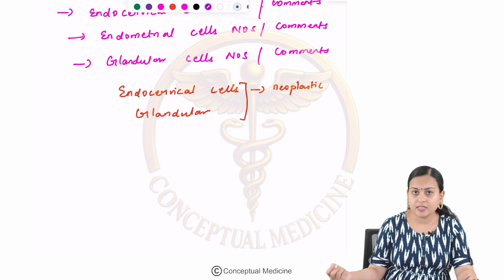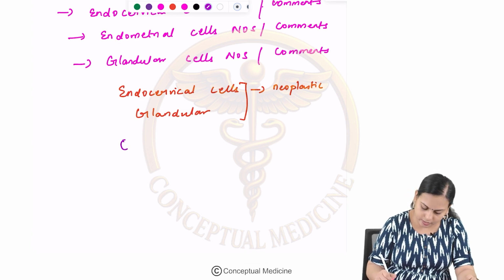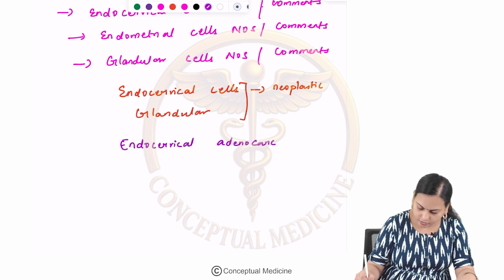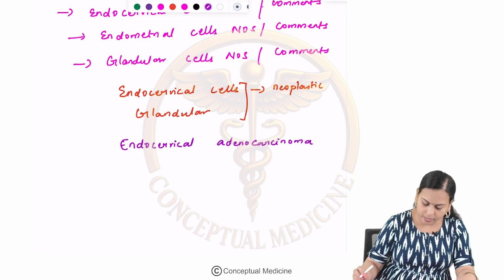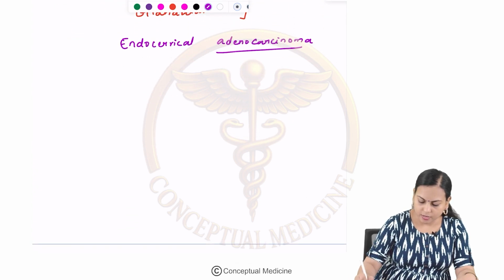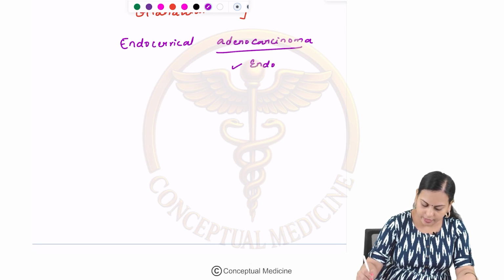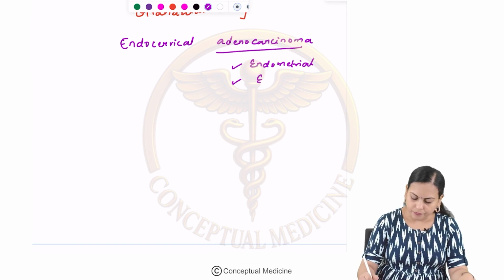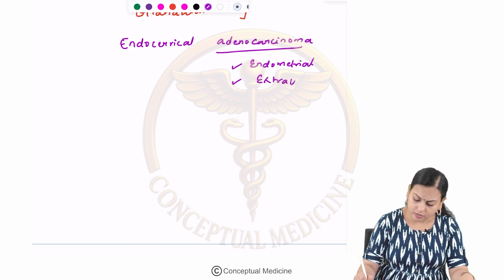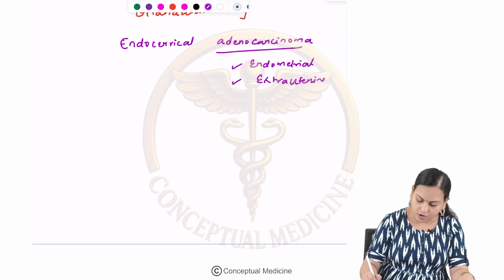And suppose if there is a carcinoma, that will be mentioned as endocervical adenocarcinoma. Okay. So, this adenocarcinoma can occur from anywhere, right? It can occur endocervical, we have already seen. It can be even endometrial adenocarcinoma, or even an extrauterine adenocarcinoma, or not otherwise specified.